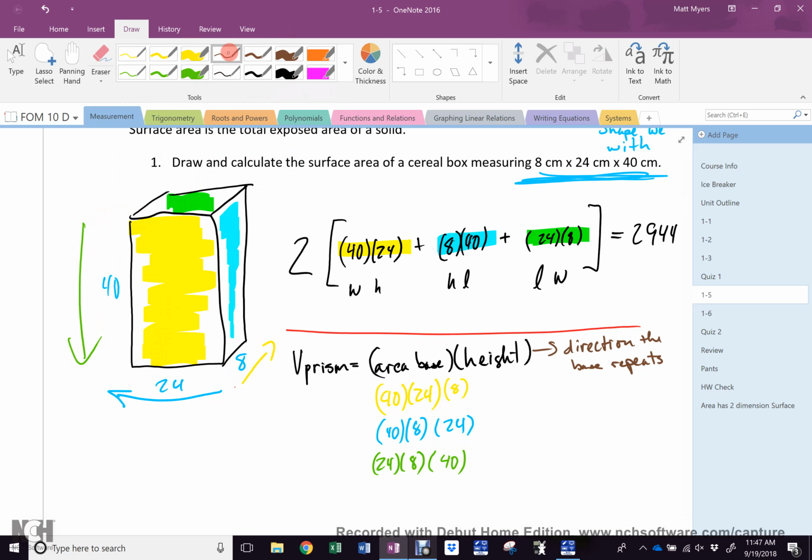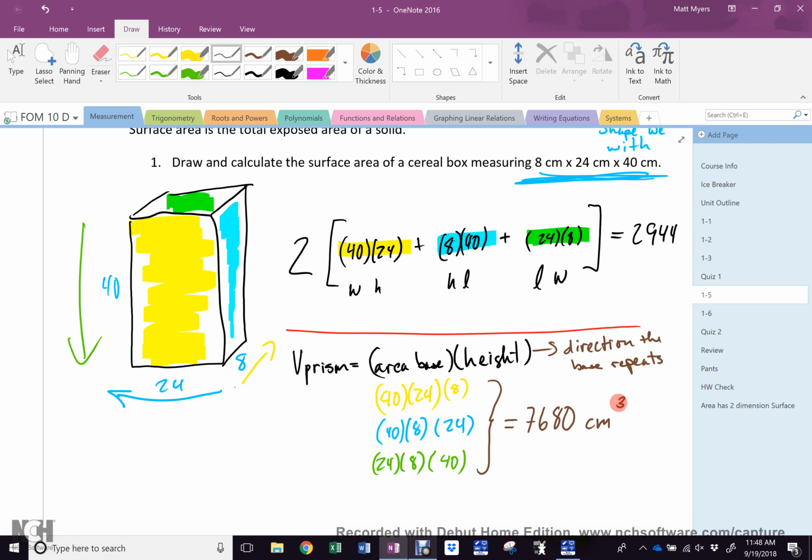Now, all of those will give you the same answer. Why? Because multiplication is commutative. 5 times 2 is the same as 2 times 5. So what is the answer here? 7,680 centimeters cubed. Are you thinking of it on its side where the 40 is on the bottom? You could think of it that way.